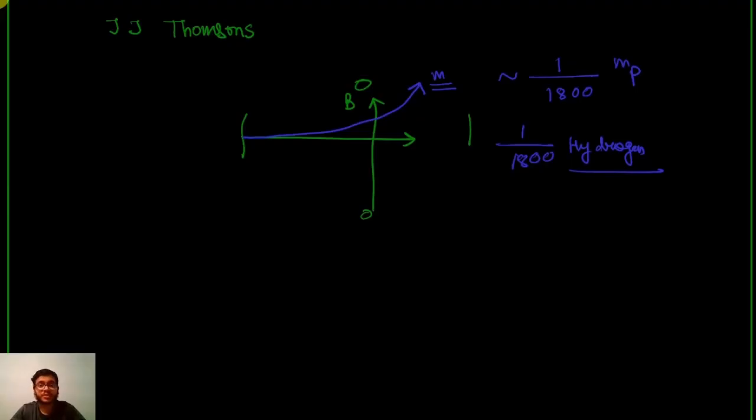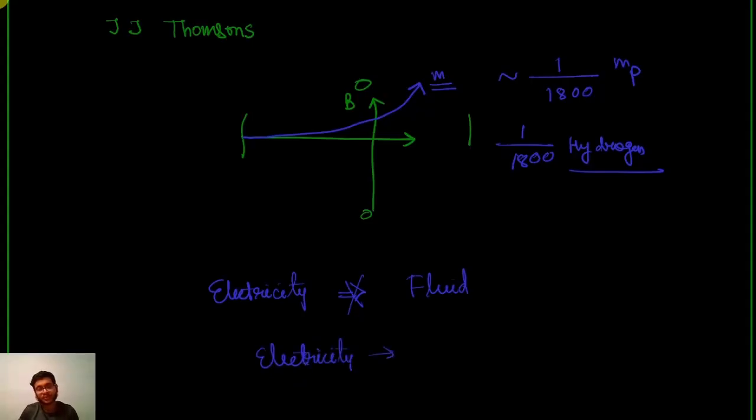So that means it is smaller than an atom and it is contained in an atom. And then it was proven that electricity is not a fluid, rather electricity is a flow of particles.